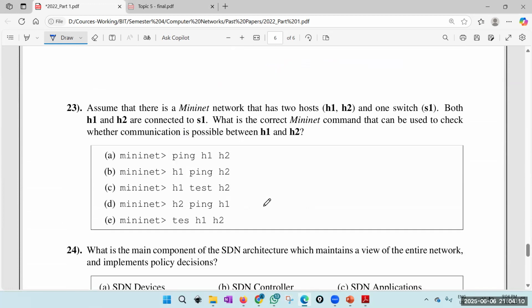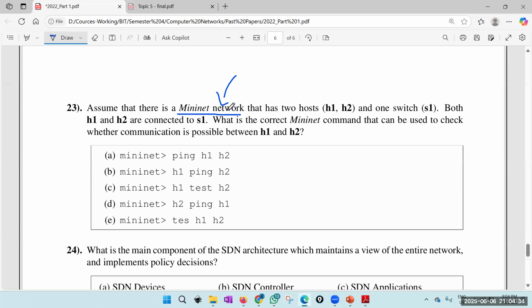Right, next one. Assume that there's a Mininet network. Mininet is sort of a simulation network. I think it is by an American company competing with, I can't remember who.